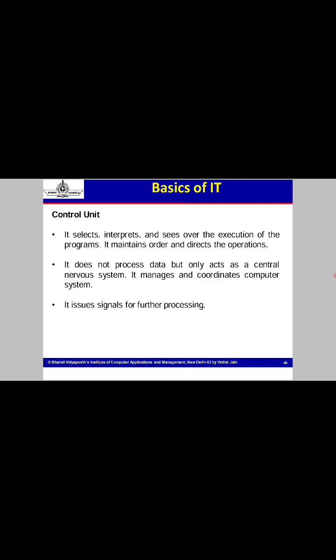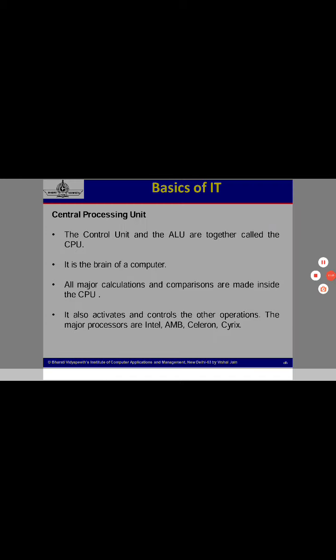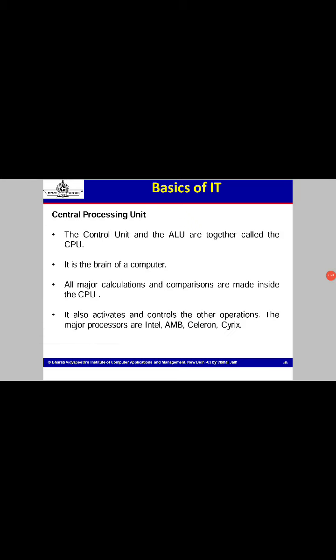It is working as an interface among all the units of a computer. So the central processing unit is the main nervous system of a computer. Nervous system of a computer is called a central processing unit or a CPU. The control unit and ALU together are called the CPU.